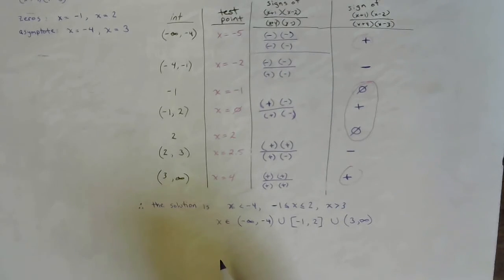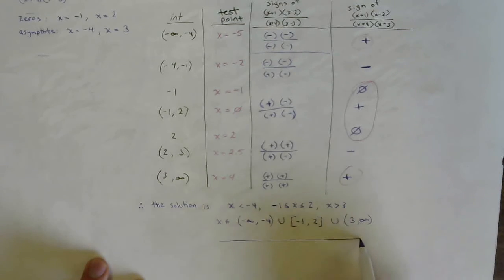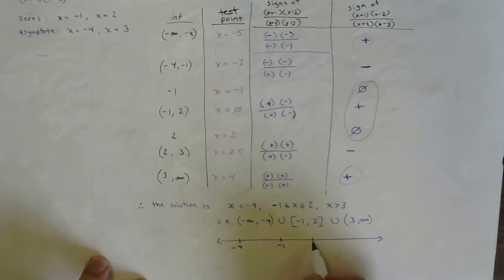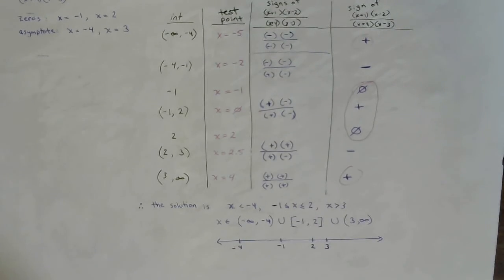And the last way we can show it is on a number line. On the number line, I would mark our key points. So we have -4, sorry, -4. You've got -1. You've got 2. And you've got 3. Yours can be prettier if you want.